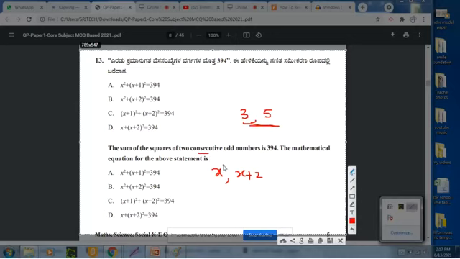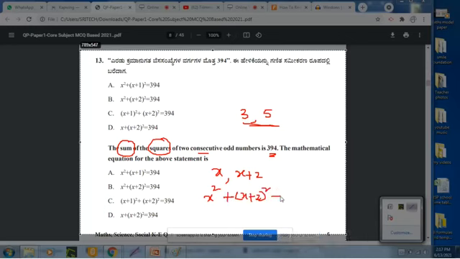So x and x plus 2 are two consecutive odd numbers. The condition is that the sum of the squares of the two consecutive odd numbers is 394. Squares means I am just writing x square and x plus 2 whole square. Sum in mathematics is represented with plus, and it equals 394. So the mathematical representation for the statement is x square plus x plus 2 whole square is equal to 394.